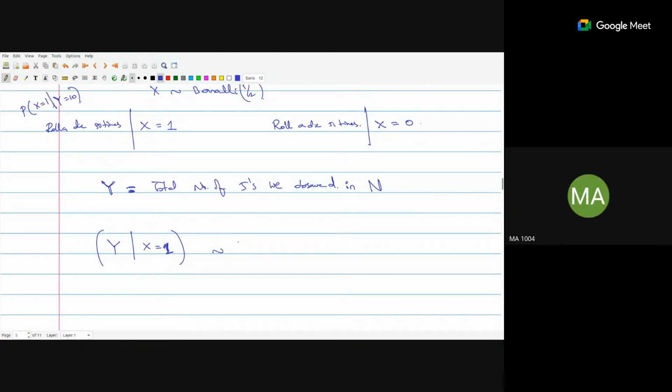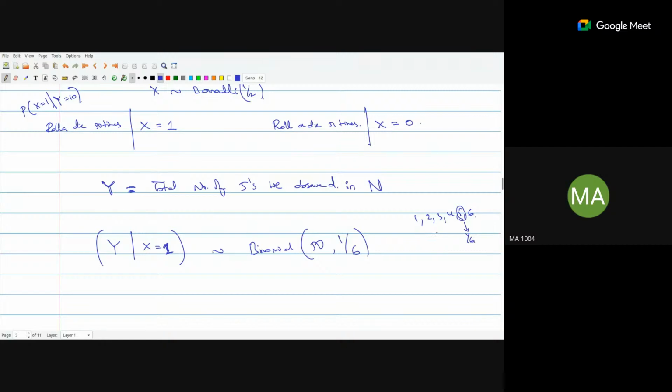This will follow binomial 50 comma 1 by 6, because getting 5 among 1, 2, 3, 4, 5, 6 has probability 1 by 6. So the probability of success is 1 by 6 here.